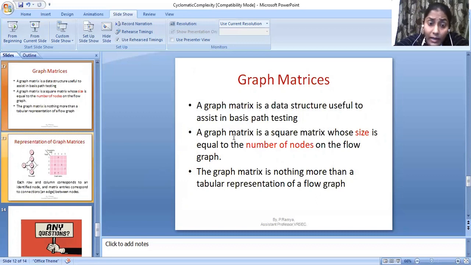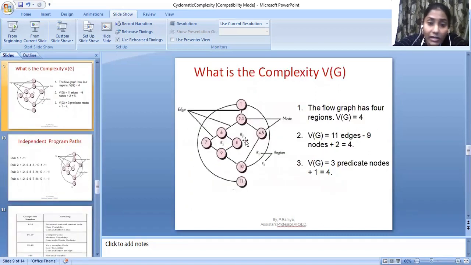If it is a matrix, what will be the size of my matrix? In my example, how many rows should I take, or how many columns should I take? The matrix size will be equal to the number of nodes that you have. If you have 5 nodes, or 6 nodes, or in the previous example 9 nodes.